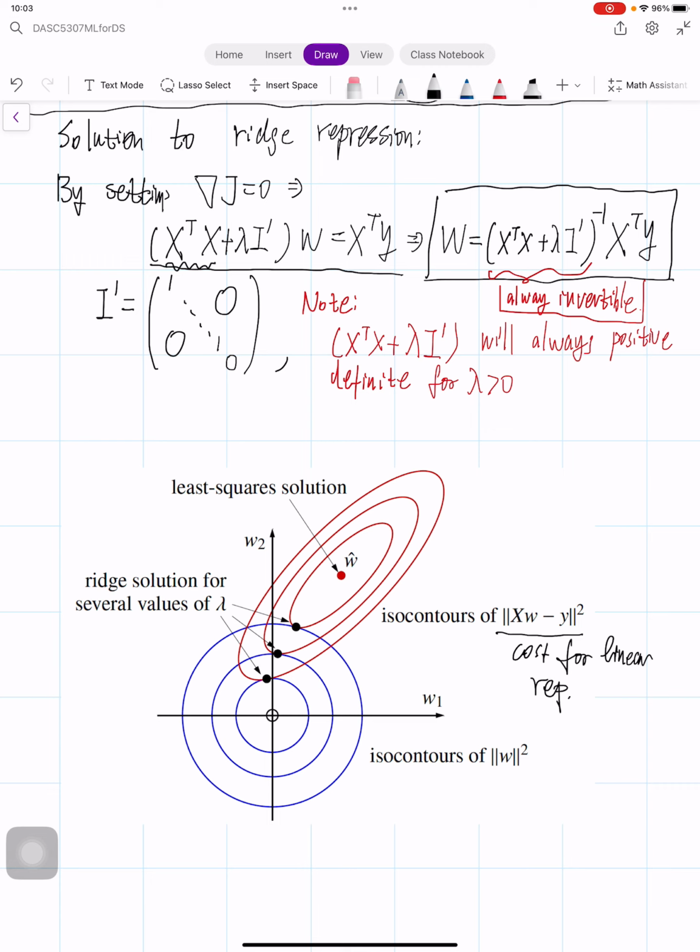You can ignore this blue line first. Without the ridge regression penalization, this is a contour plot, and the red dot in the center is the minimizer for linear regression. Originally the solution is relatively big.